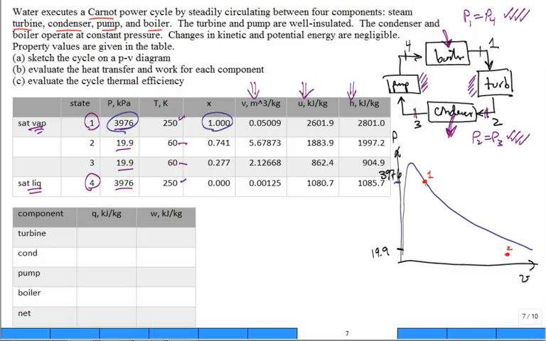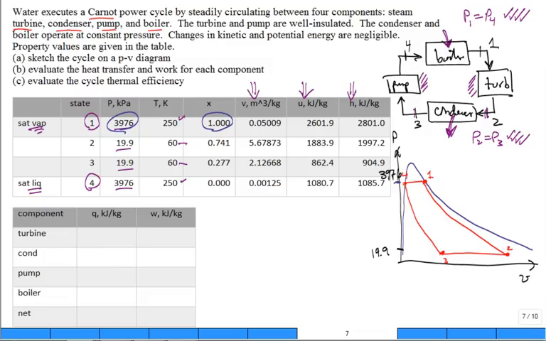So you went from 1 to 2. Okay? Then you go back to 3, maybe right here, state 3. And then from 3 up to 4. And then 4 over.